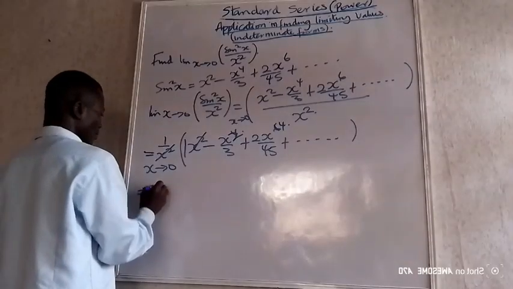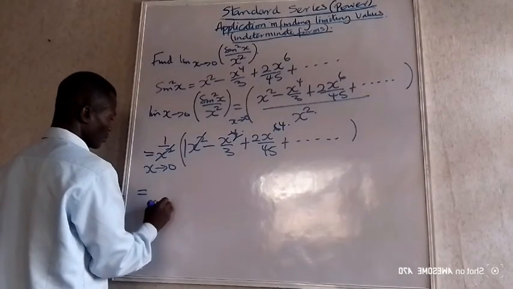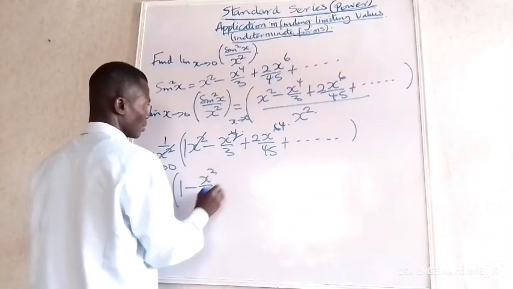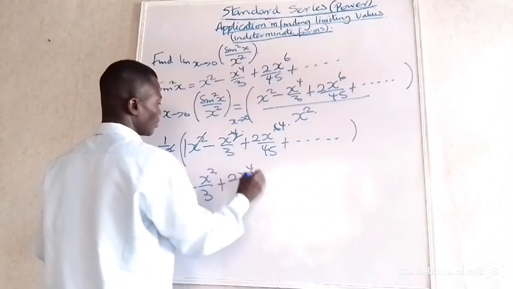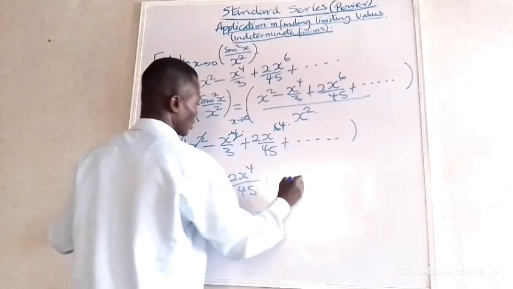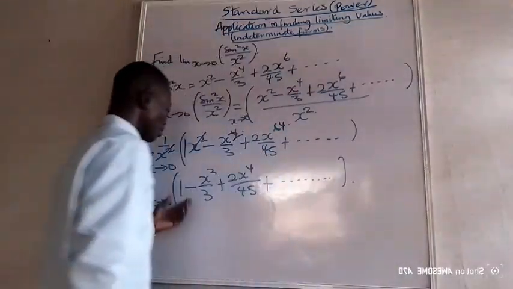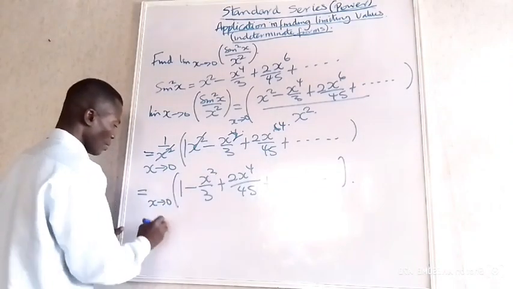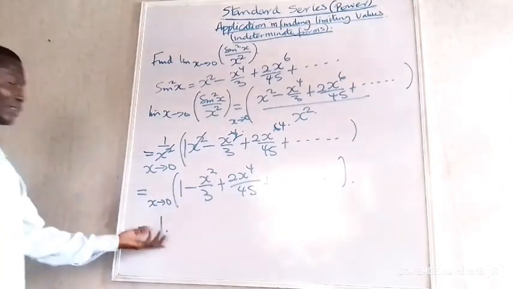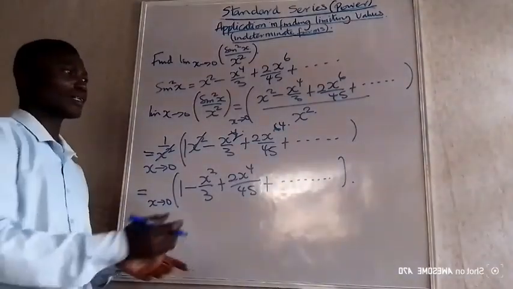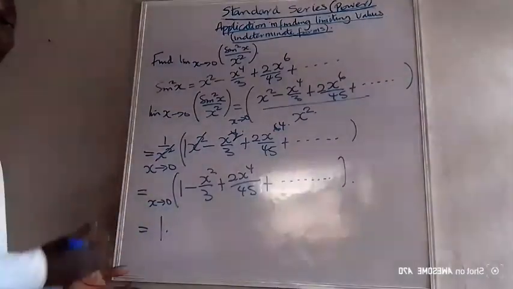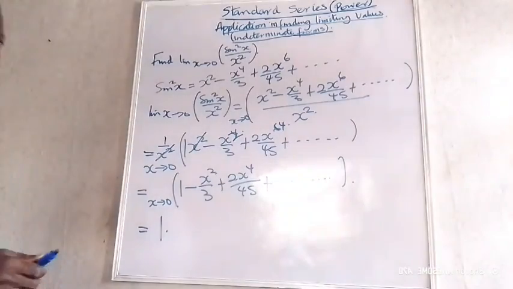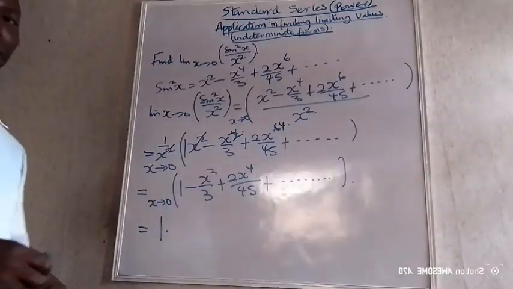So it's going to be 1 minus x squared over 3 plus 2x to the power 4 over 45 plus more terms. Now, if I substitute 0 in this expression, we see that it's going to be 1. So the answer is 1. So you can see this is another place of applying it. There are several places to put it to use, but this is just another one of the ways.